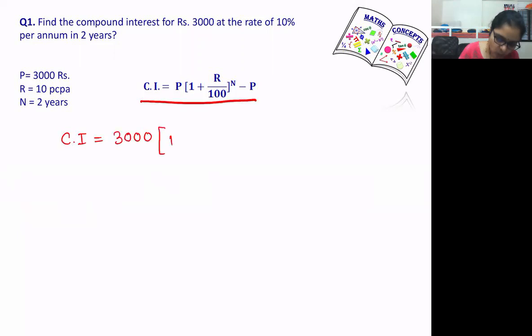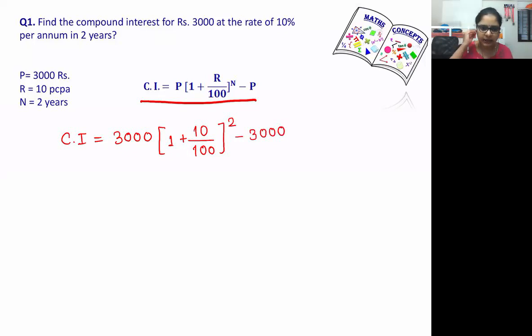into 1 plus R, what is R? 10% per annum, 10 upon 100, and raised to n, where number of years is 2, minus P. What is P? Again 3000 rupees. Everyone try to solve this.